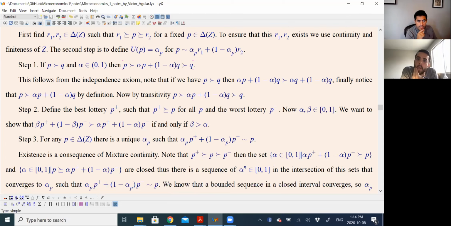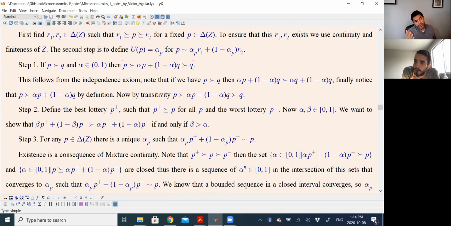I would say yes, if the set satisfies transitivity and there's no cycle? Well, remember the preferences were transitive and complete, right? So we know these preferences are transitive and complete, and the choice set is just a space of lotteries.